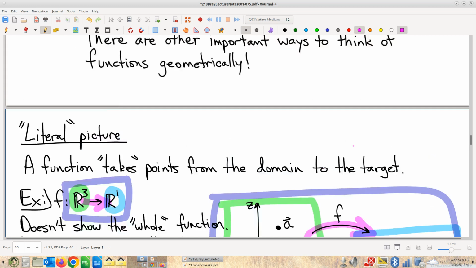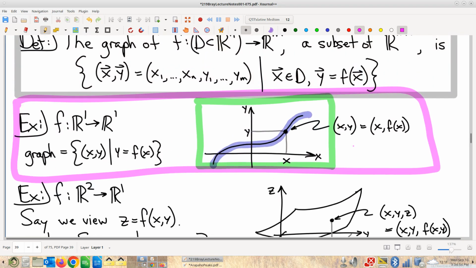We look at the single variable graph and we're like, oh, this was awesome by comparison. I see a shape. The geometric features of this shape tell me about the algebraic properties of the function, namely its derivative. The first derivative of the function tells you about the slope, which is a geometric feature on the graph.